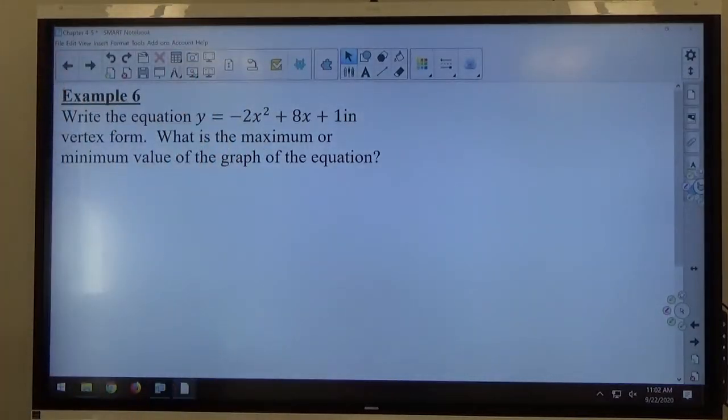All right, example 6. They want us to write this equation in vertex form.